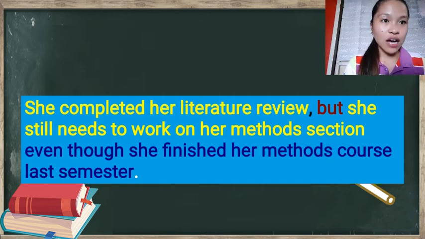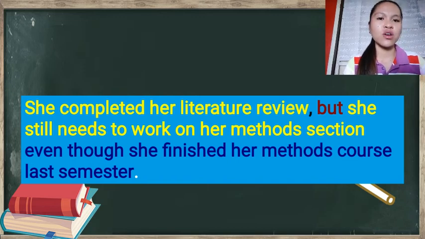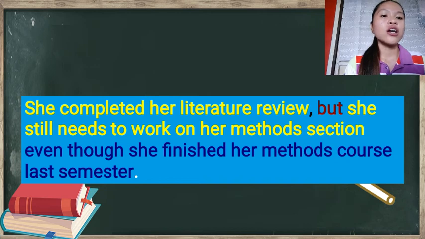"But" is the coordinating conjunction that joins the other independent clause, "she still needs to work on her methods section." The dependent clause here is "even though she finished her methods course last semester." Again, it doesn't express a complete thought. That's why it is attached to an independent clause.